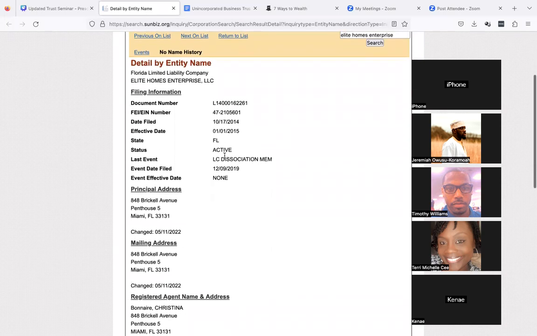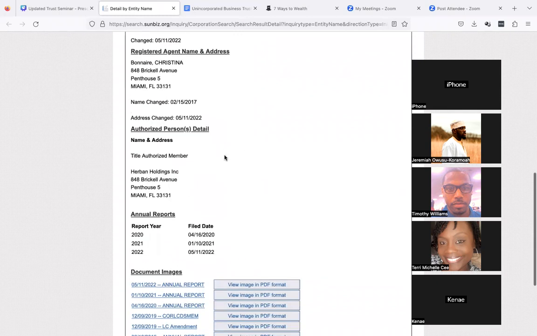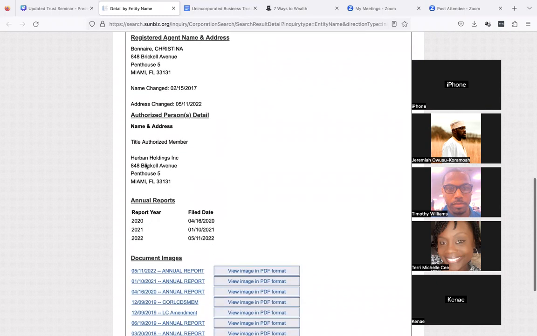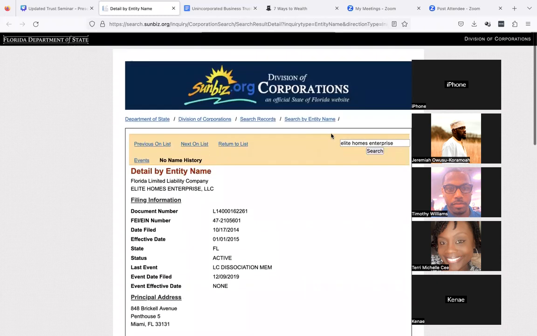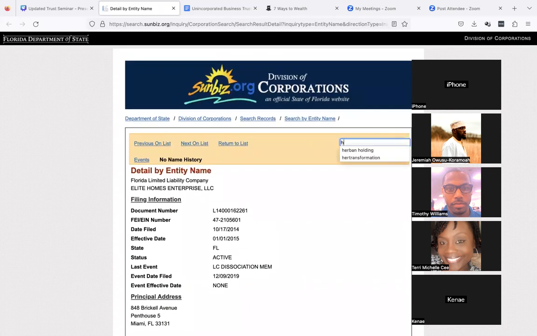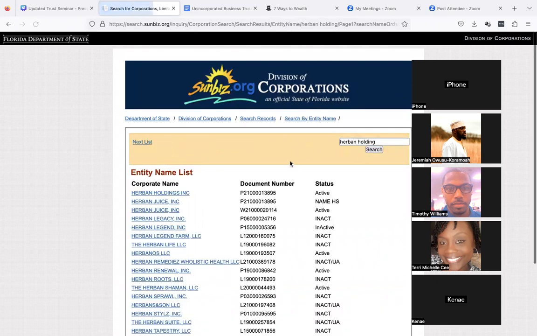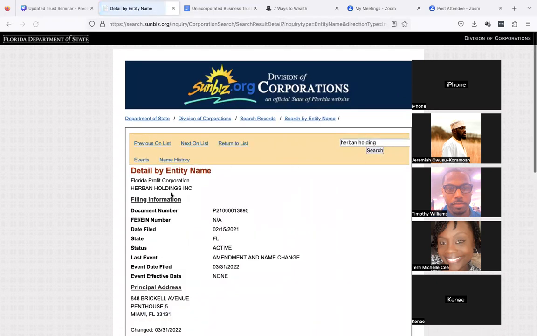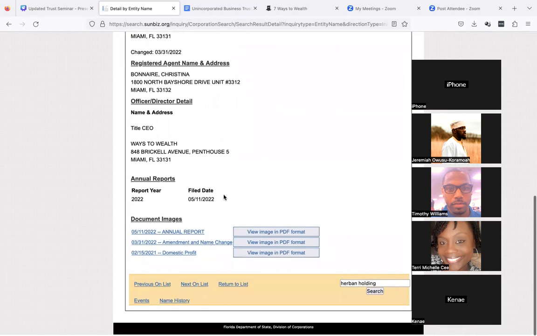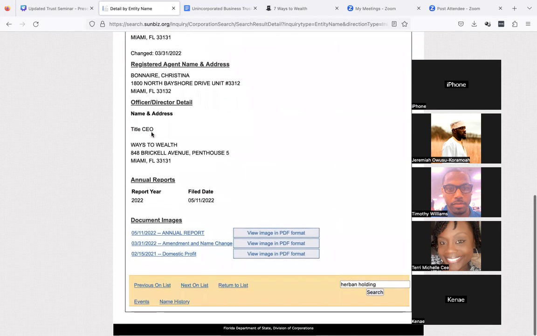All right. So this is my real estate company. And if you scroll down, you can see that the authorized member is Urban Holdings, Inc., right? So if you go up here and you search Urban Holdings, then once you get to Urban Holdings, you're able to see, if you scroll down, that the chief executive officer is Ways to Wealth.